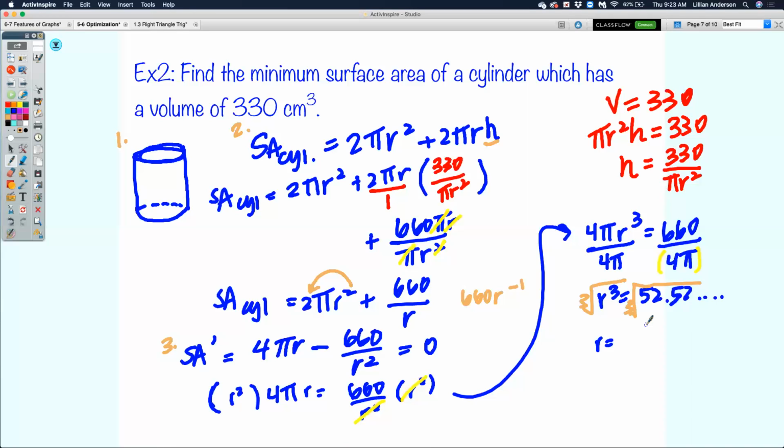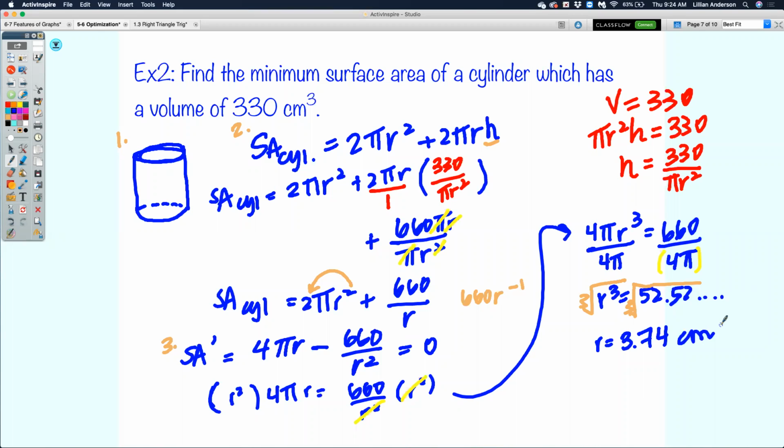So when I take the cube root of the non-rounded answer from the line before, we end up with what? To 3 significant figures. 3.74. Very good. So 3.74 centimeters represents the radius that could potentially produce a minimum surface area, okay?